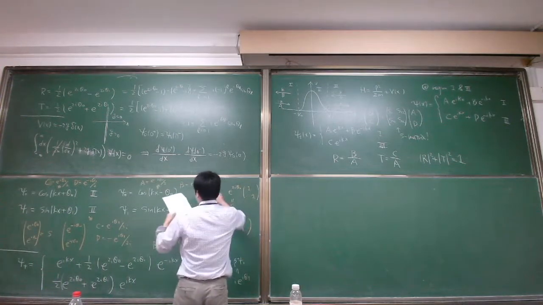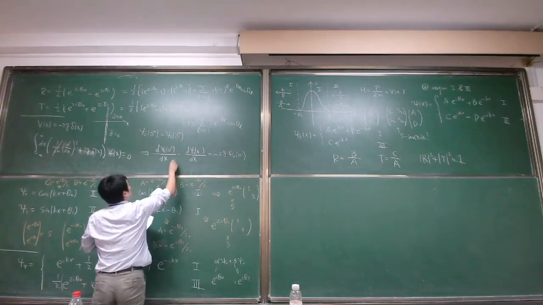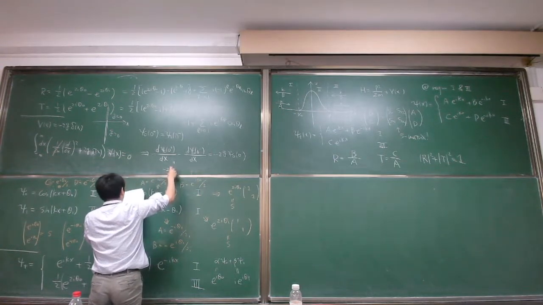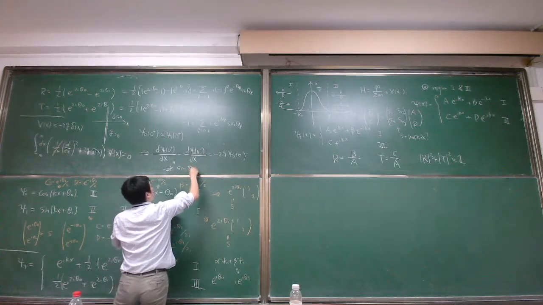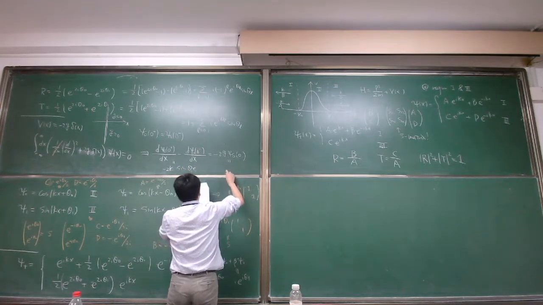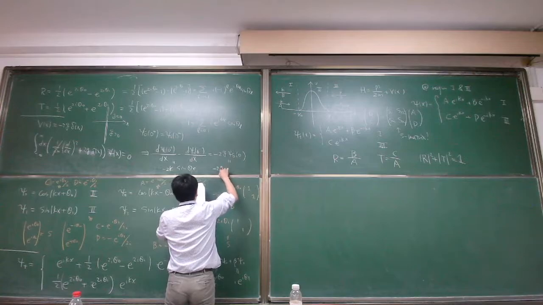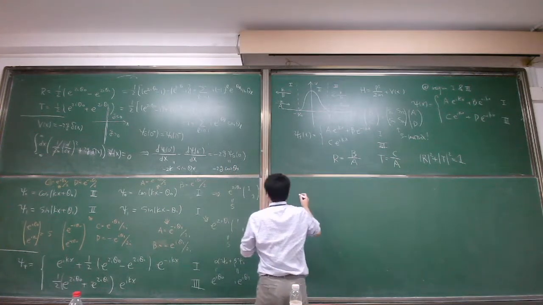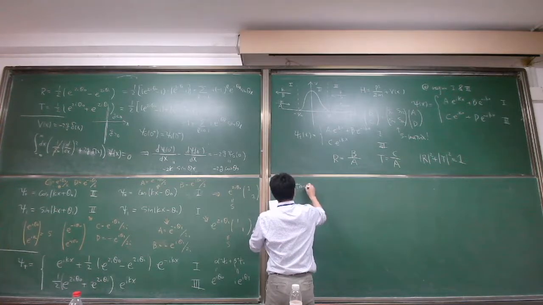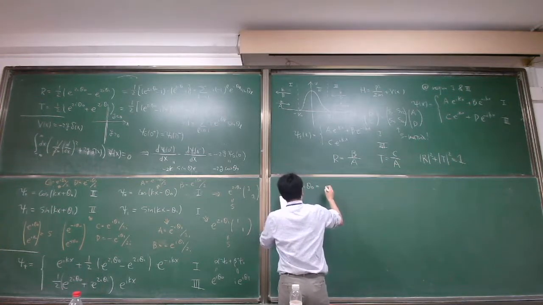Then what we have is this is equal to minus 2k sine zeta naught, and this is equal to minus 2g cosine zeta naught. Therefore the tangent of zeta naught is equal to g over k.